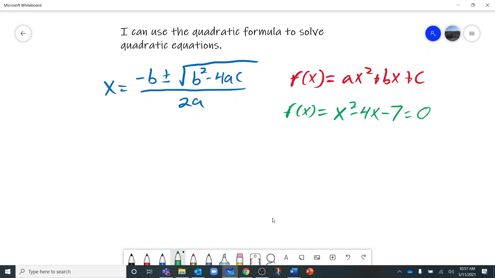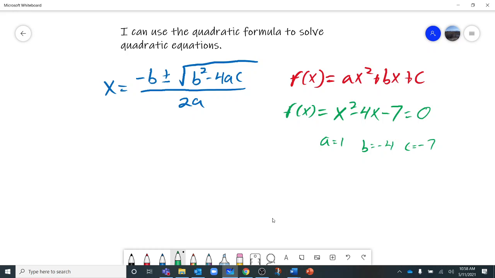Just looking at this, a is equal to 1, b is equal to negative 4, c is equal to negative 7. If we tried to factor this, I need 2 factors that if I multiply them, I get negative 7. Well, the only whole number factors for negative 7 are negative 7 and 1, or negative 1 and 7. There's no way of getting negative 4 from that. So we can't do it that way, but we can use the quadratic formula.